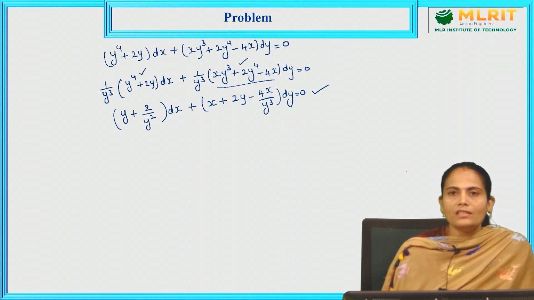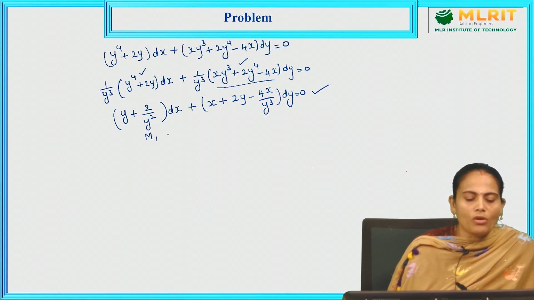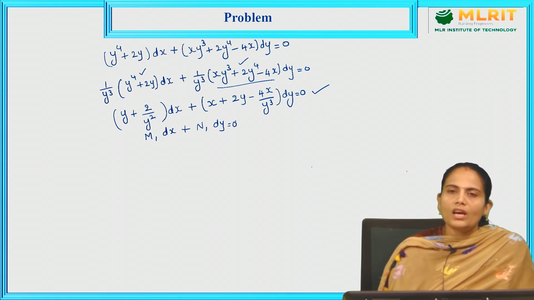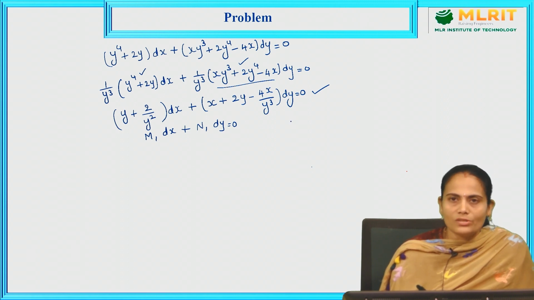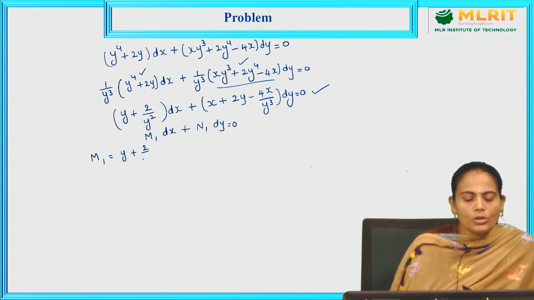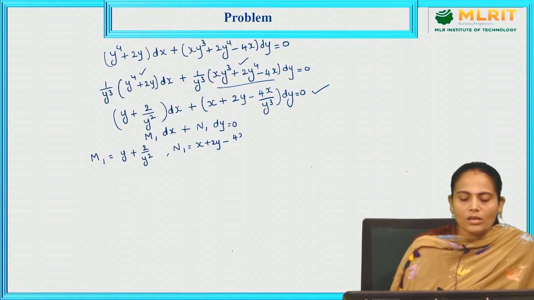So now again this equation turns to the form of M1 dx plus N1 dy is equal to 0. So now again we have to cross check whether this equation is exact or not, right? So here M1 is equal to y plus 2 by y square, right? And N1 is equal to x plus 2y minus 4x by y cube.